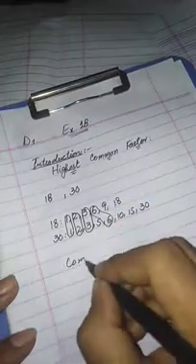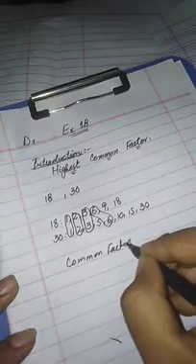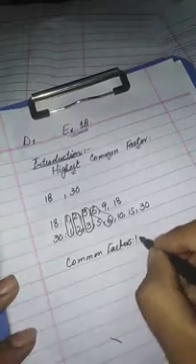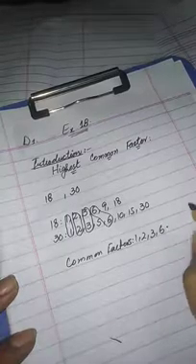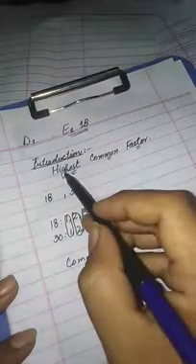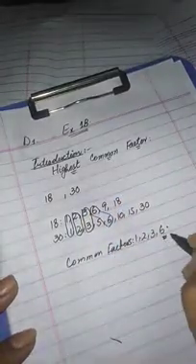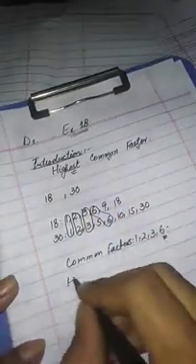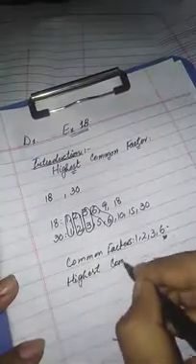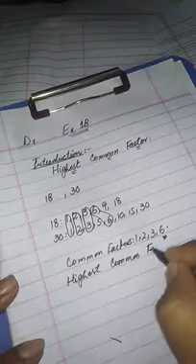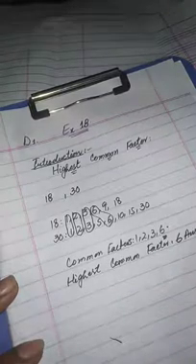So the common factors are 1, 2, 3 and 6. But we want the highest common factor, so 6 is the highest common factor here. So the answer will be 6.